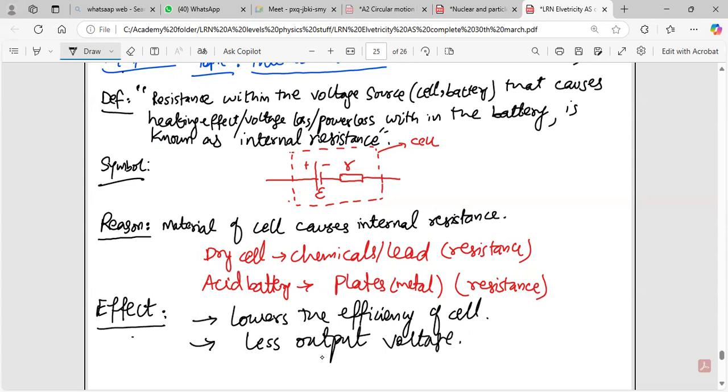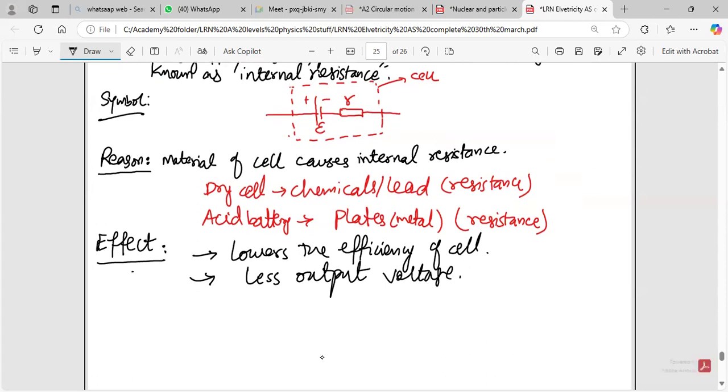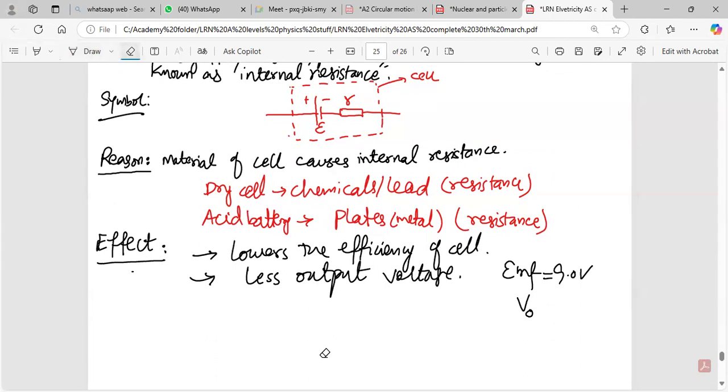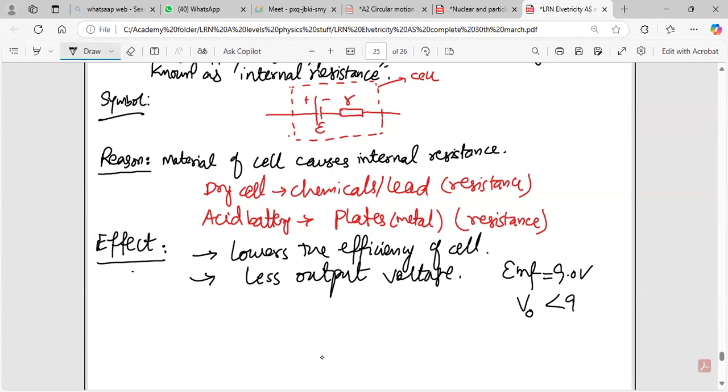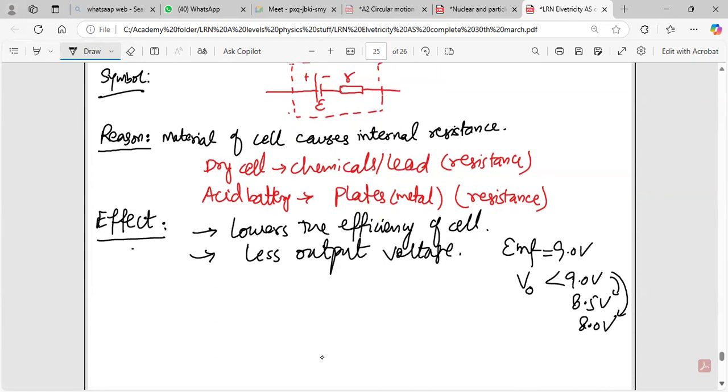Less output voltage means that if a cell has an EMF of 9 volts, the voltage that it can give out to the other resistors in the circuit should be less than 9, like 8.5 volts or 8 volts. So where are the other 0.5 volts or 1 volt? Those are lost against the internal resistance.